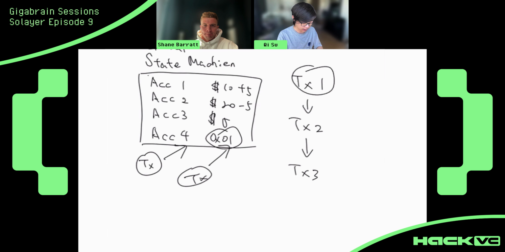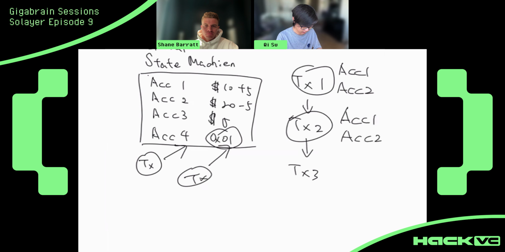If transaction 1 is related to account 1 and account 2, and transaction 2 is also related to account 1 and account 2, and they execute in parallel, there is a non-deterministic sequence of these 2 transactions. Say both of them subtract account 1's balance by 5, but actually not 5. Let's do 10.